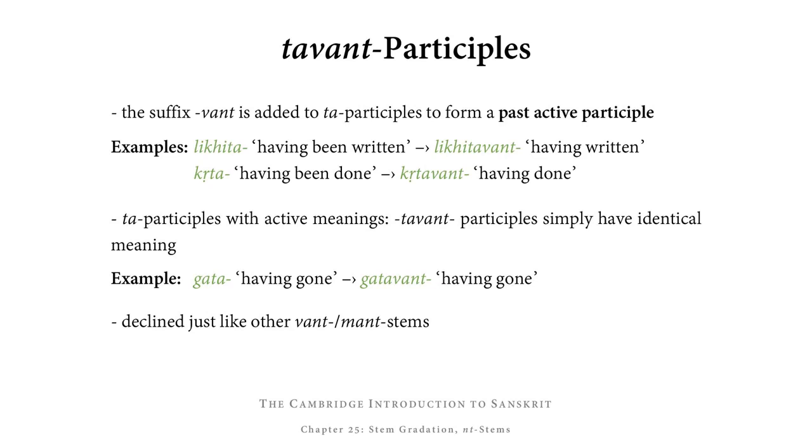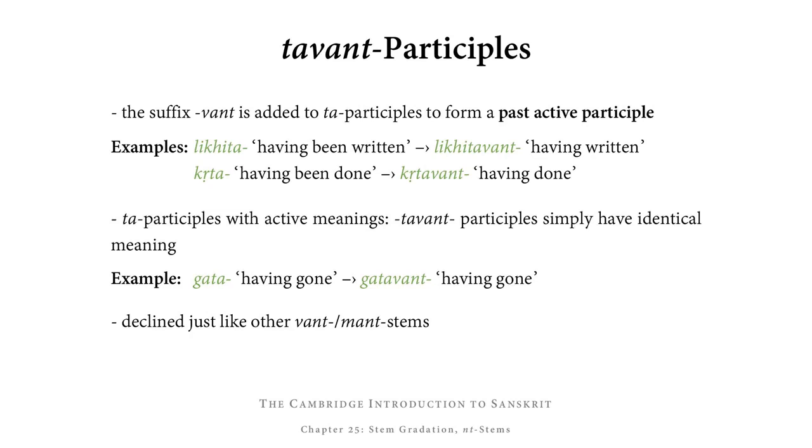On the basis of another ta participle, krita, having been done, we would likewise get krtawant, which would mean having done. So while ta participles are past passive, tawant participles are past active. If you remember, there were a few ta participles that had active meanings. Those were the ta participles of verbs where a passive meaning just didn't make sense.